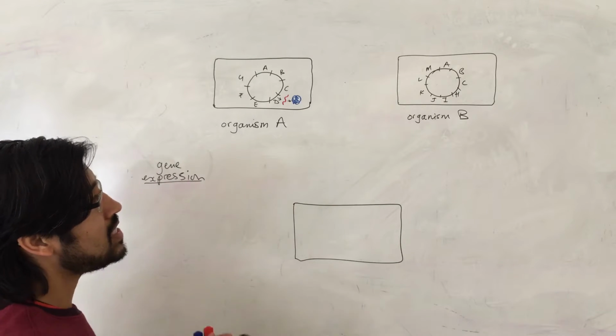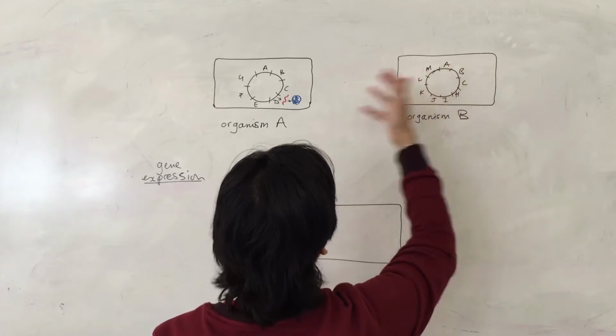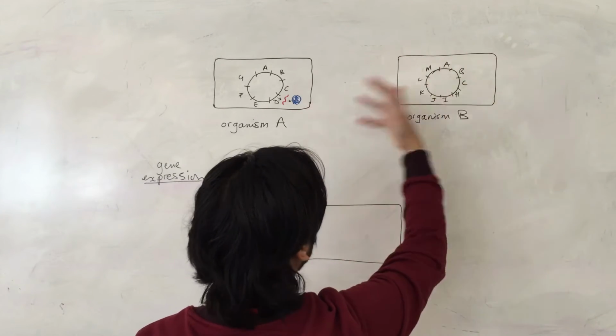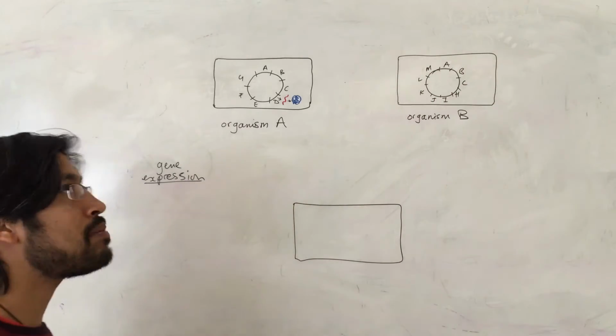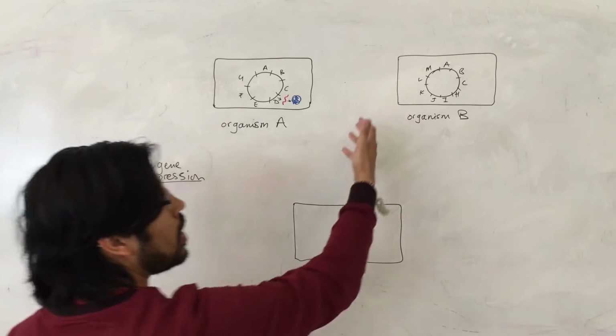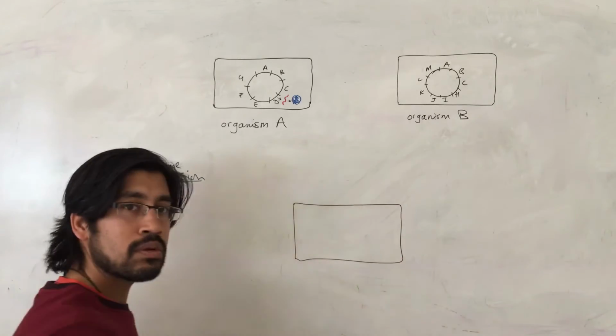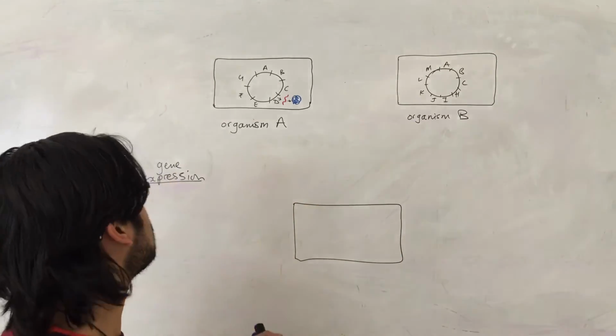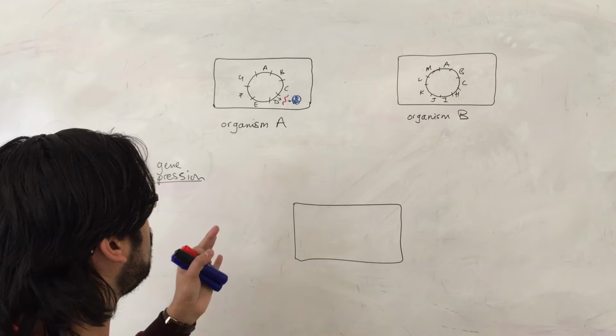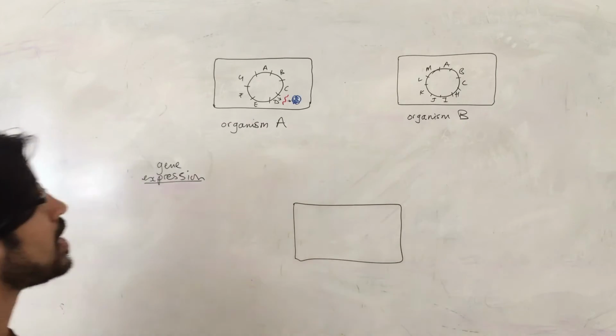So what we must have in our minds is that organism B is also transcribing and translating its own genes to make functional protein products that endow organism B with different characteristics and different functions. So, what is genetic engineering?